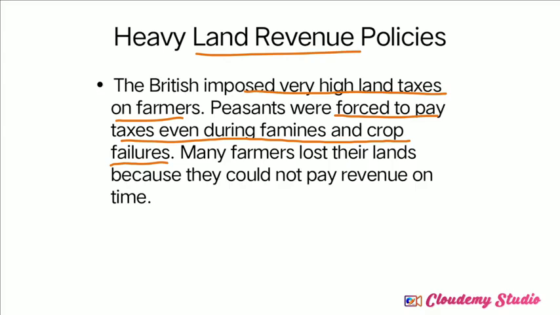When farmers suffered from famines or natural calamities, it became an economic burden. Already suffering crop loss due to natural calamities, they could not pay the revenue on time. This was also part of the suffering under British rule.